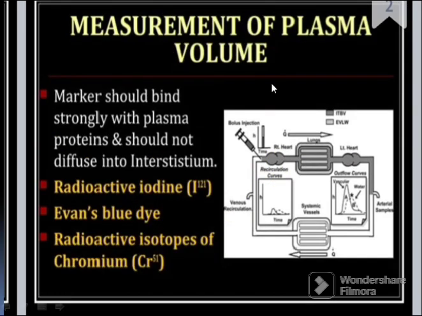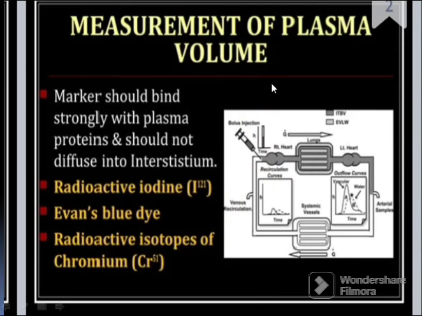Plasma volume or compartment. Another word for the plasma compartment is known as what? Intravascular fluid.